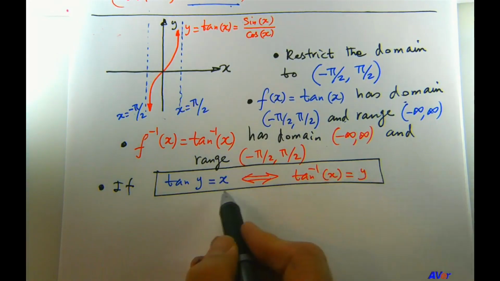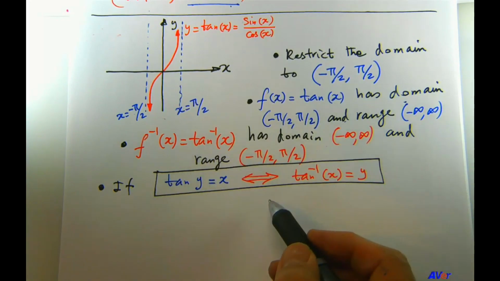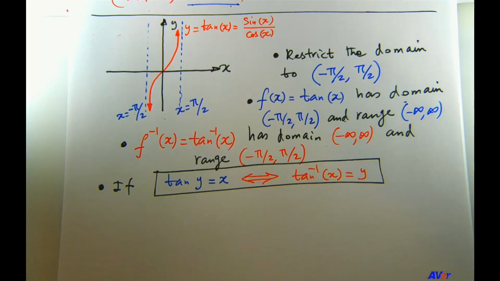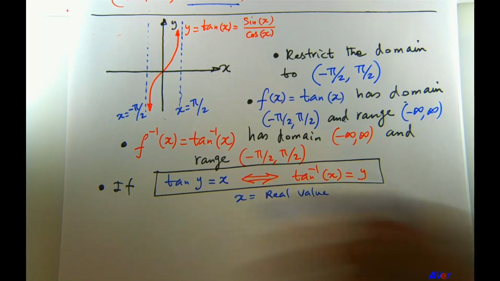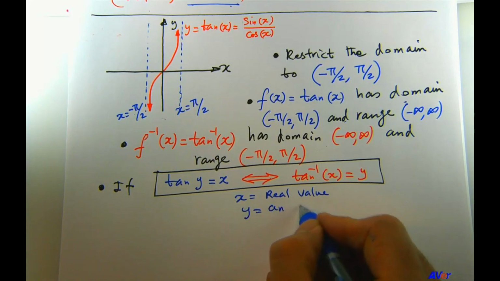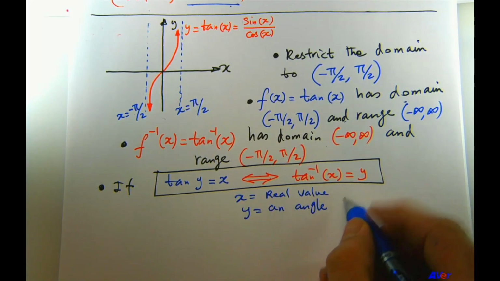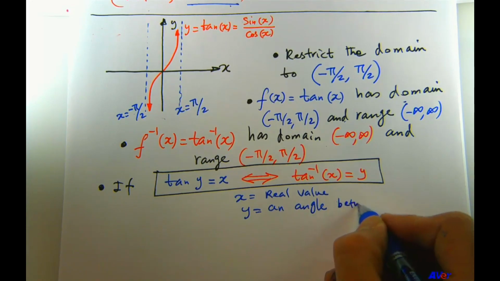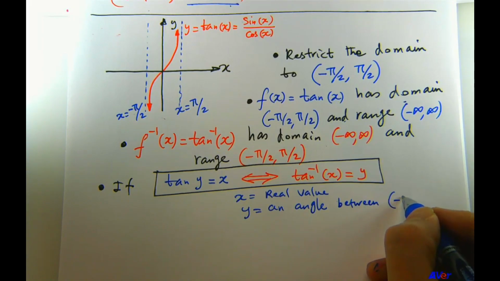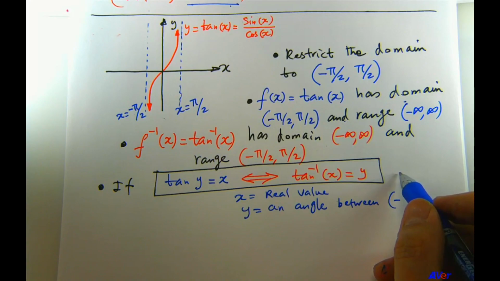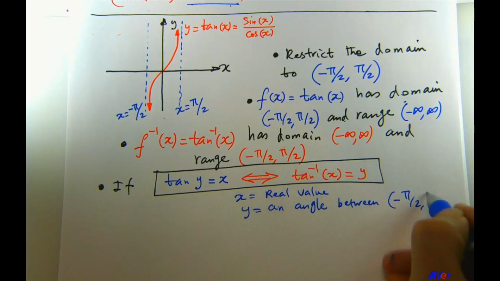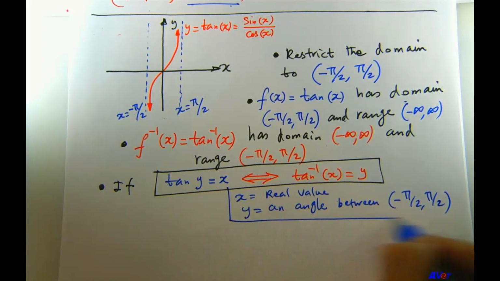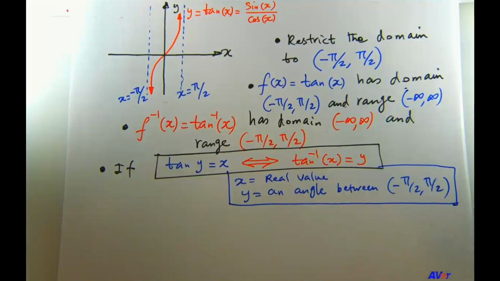So this y is an angle, and x is any real value on the real number line, and y is an angle between, let's see, that would be the range, yes, between negative pi over 2 and pi over 2. Okay, all right, so that's that.